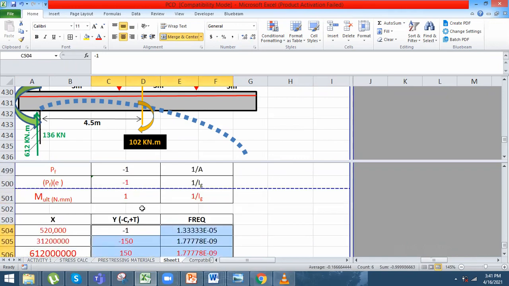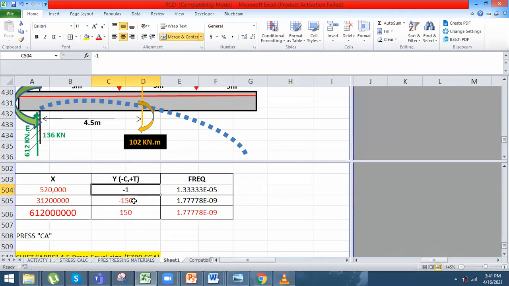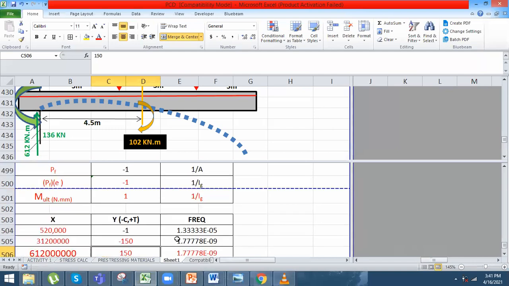That is negative 1, negative 150, positive 150. Okay, so ayun. Ayan, no? It should be negative C top. Okay, negative C top.